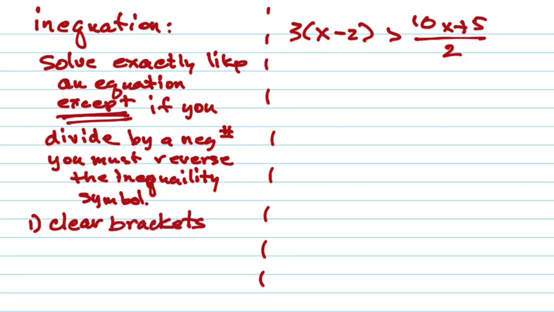In other words, you need to clean up the equation before you can solve the equation. And brackets, remember order of operations? It's kind of the same deal. So we got 3x minus 6, just by multiplying both of those by the 3, is greater than (10x plus 5) over 2. Now you have two choices right now.